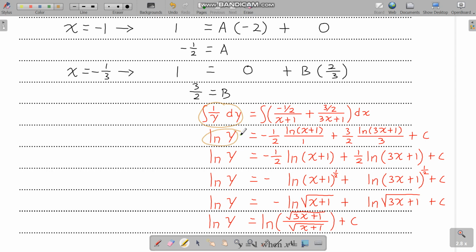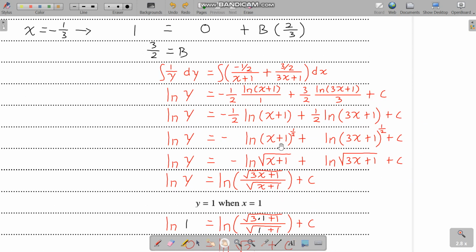On the left we have ln y. On the right we have again ln, divided by 1, because actually there's a 1x here, so just divide by 1 because of this one. And for this integration, again ln of the denominator, but divided by 3 because of this 3. And don't forget the constant of integration.